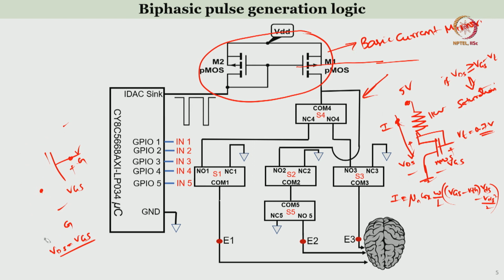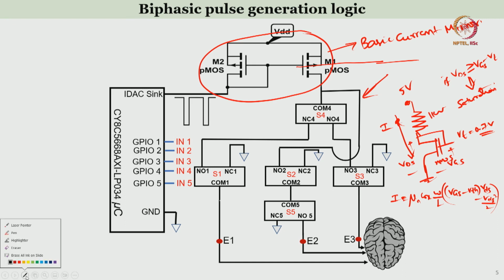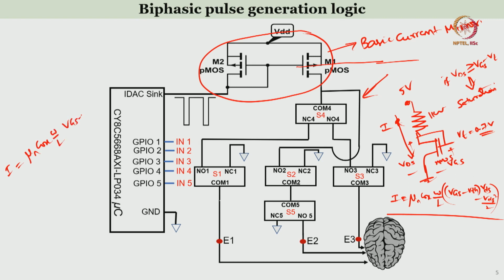Okay, just let me clear the stuff here. We know the current equation right now, okay. Just now we saw the current equation, right. So, the current equation converts to mu n Cox W by L (Vgs minus Vt) whole square by 2. Most of you know this equation, right. I do not want to get into the details of how it is done.